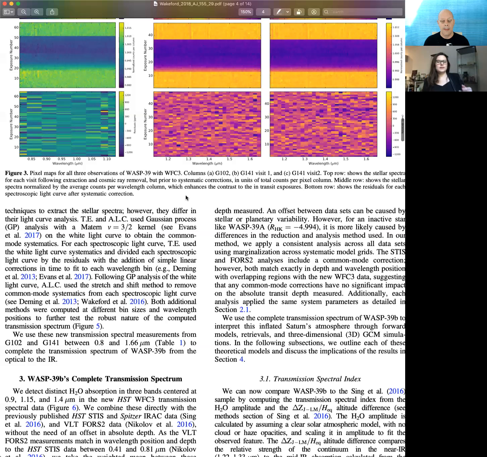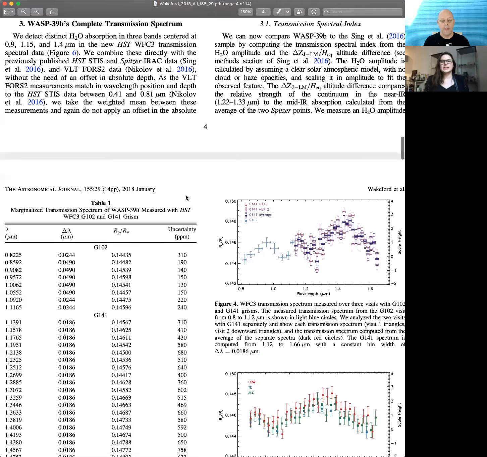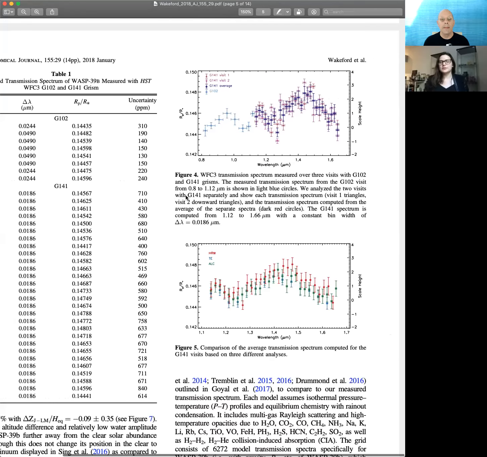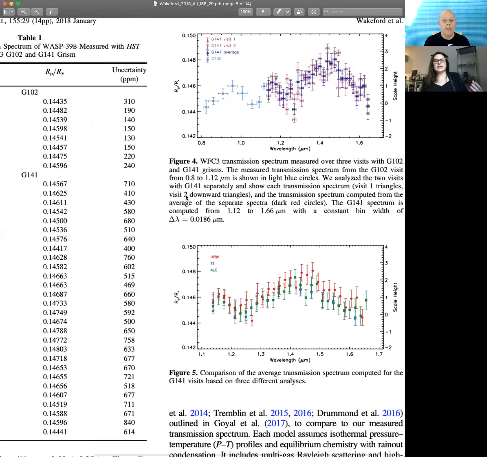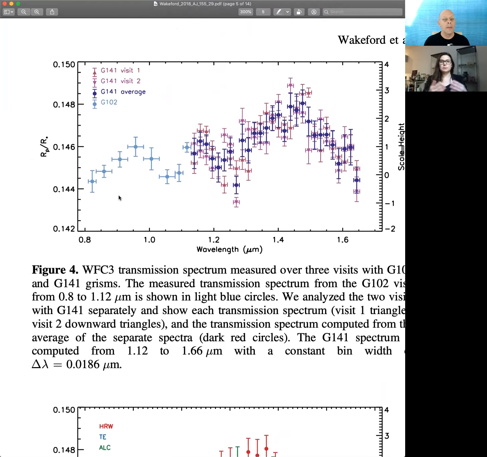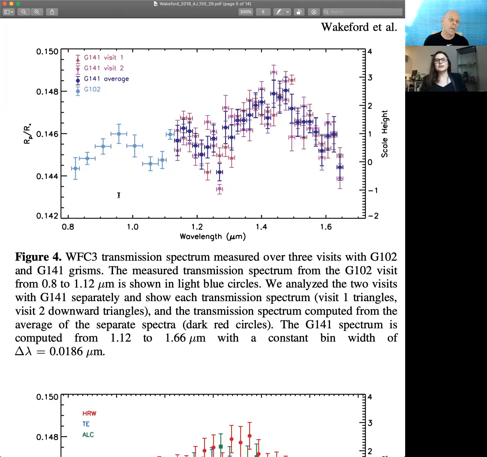And then if you look at the next one, what you're going to see is that this is the measurement that we actually got of the planetary atmosphere. And what you're seeing here is a number of different observations combined together, really importantly. And what you've got there is an absorption feature from water vapor in the planet's atmosphere.